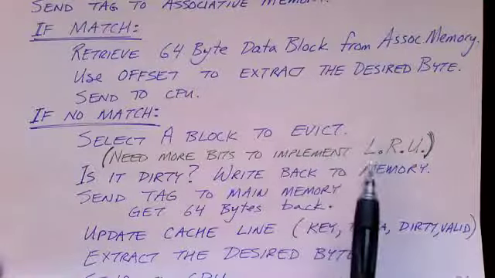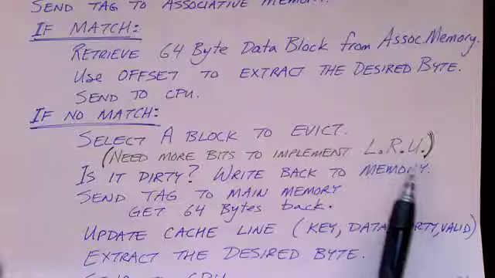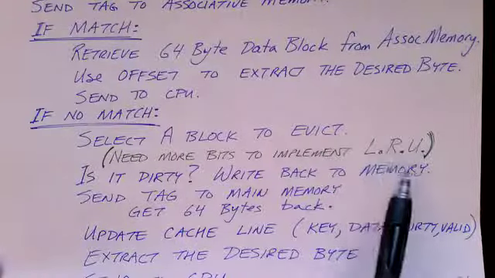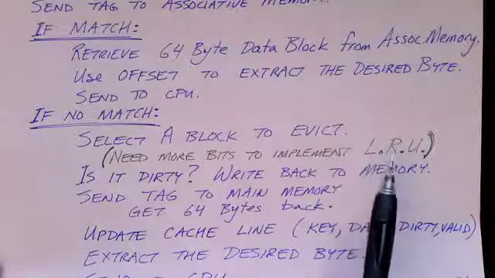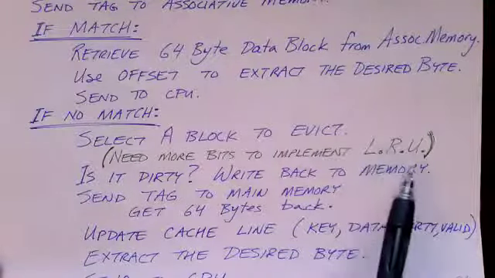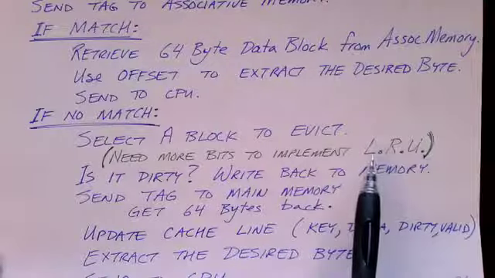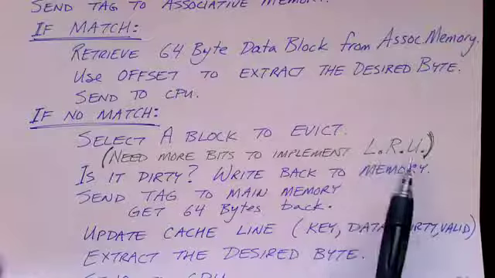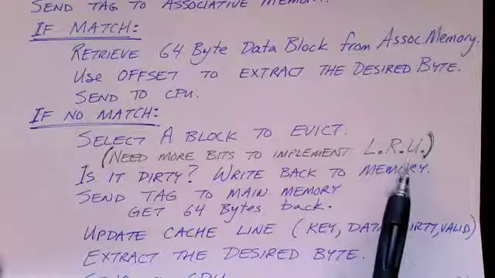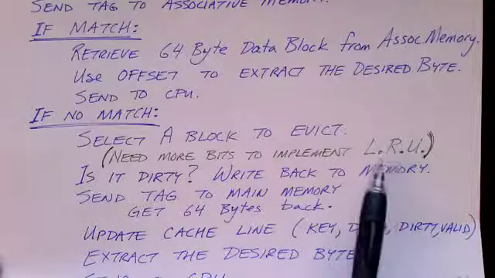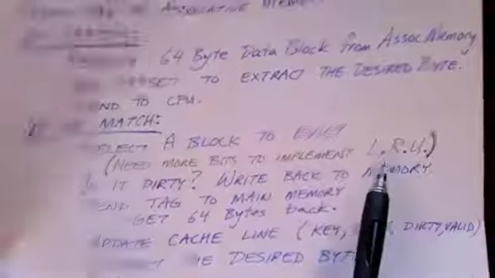And the cache is going to select the least recently used block, least recently used line of memory, and it's going to evict it. Now, we haven't really talked about how we implement the least recently used algorithm, but we would obviously need a few more bits to detect which one is least recently used. And furthermore, we'd have to update those bits every time we use a block. But I'm not going to talk about that.